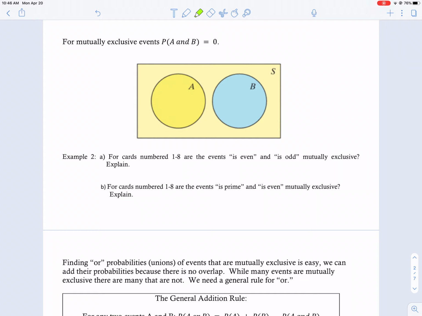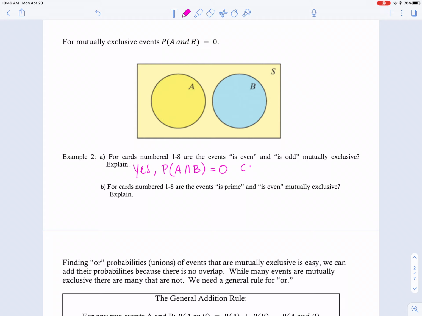So let's just go back to the card questions. It says for the cards numbers 1 through 8, are the events is even and is odd mutually exclusive? Explain. Yes, they are mutually exclusive because the probability of A and B is equal to 0.